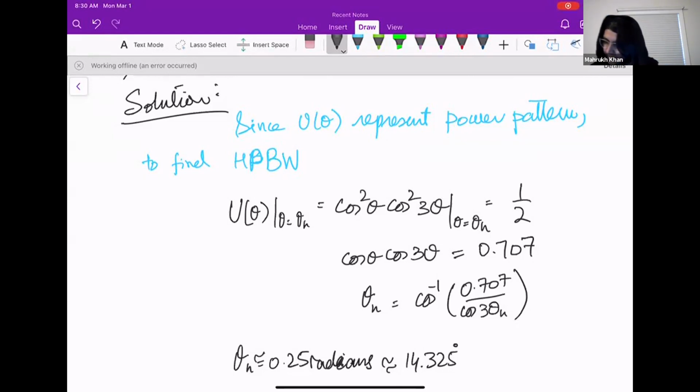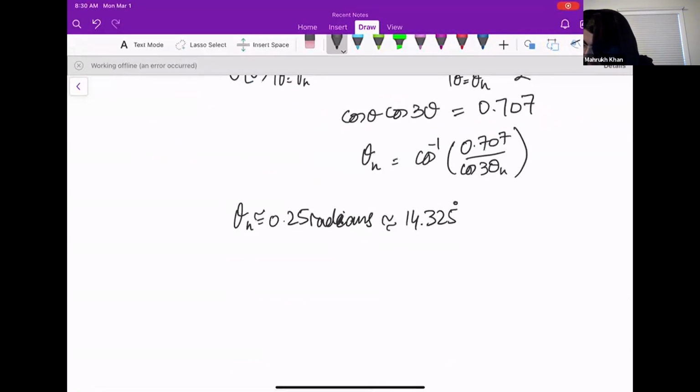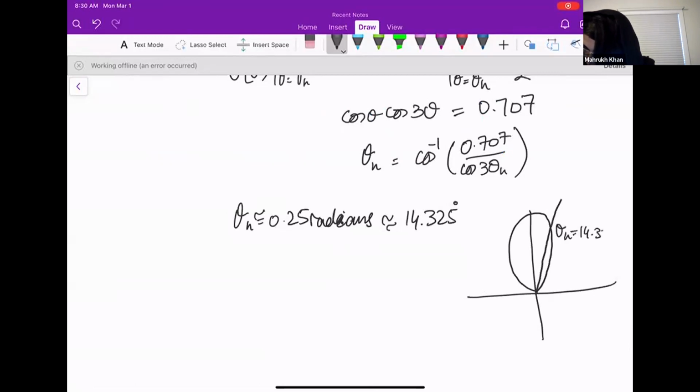Okay, so it's this point. If this is your pattern, then theta h is your point at 14.325 degrees. You know that theta is measured from the zero axis, right?